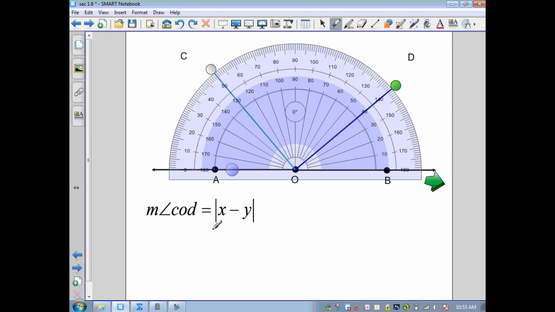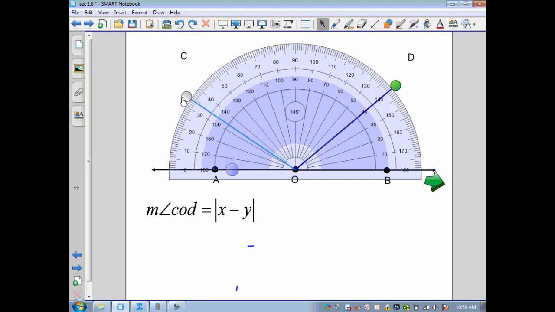That would be my value for X. And then counting from OA to OD, a point here, my value of this angle would be 140 degrees. Therefore, 50 minus 140 is going to give me a negative 90, but the absolute value of that would be 90 degrees. Let's take a look at one more example.